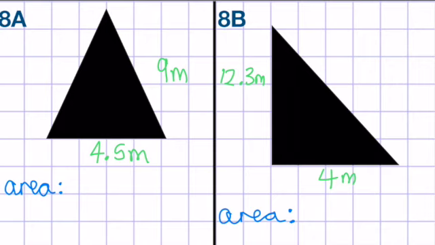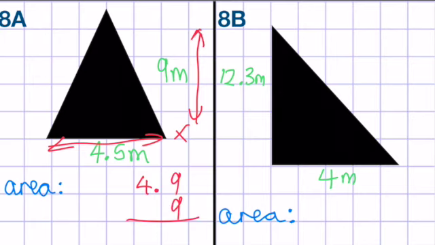Press pause, then we'll do it together. Okay, so the area of a triangle, you do the height times the base, and then you divide your answer by 2. So we're going to do 4.5 times 9. Now, we're practicing multiplying decimals here.